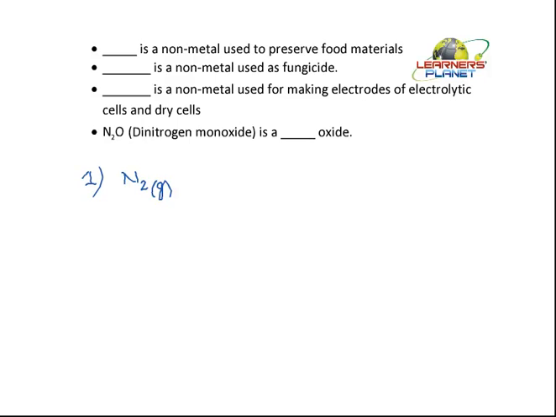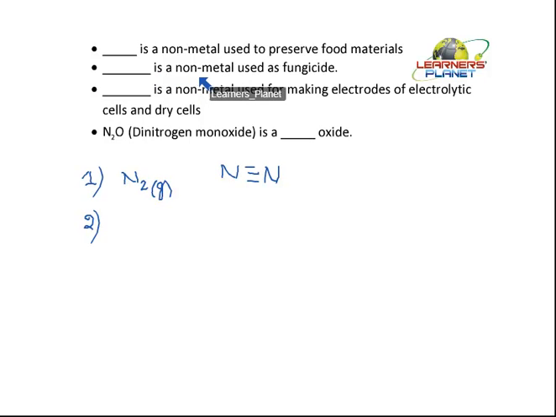Because this is inert. Why inert? Because there is a triple bond between two nitrogen atoms. So this is inert, and it is not going to react with the food material.